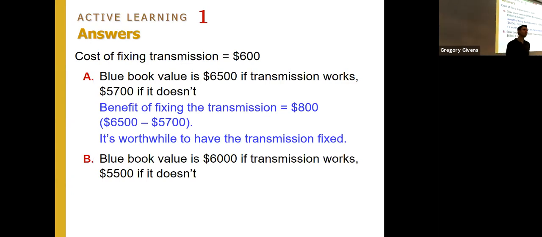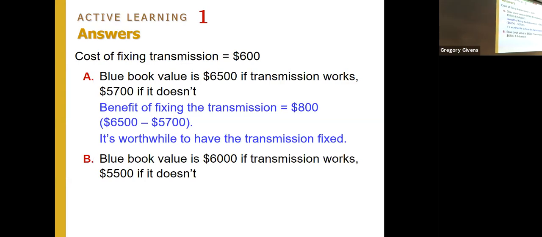How about part B? How do things change there? If the Blue Book value is now 6,000 if the transmission works, but only 5,500 if it doesn't work, then Sean, what happens to that marginal benefit? Well, it goes from 800 to 500, in which case the marginal cost, 600, exceeds the marginal benefit by 100.